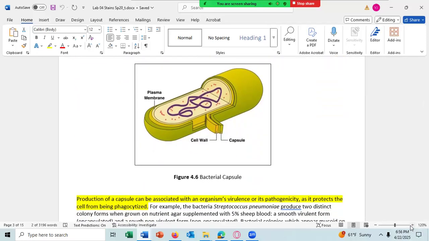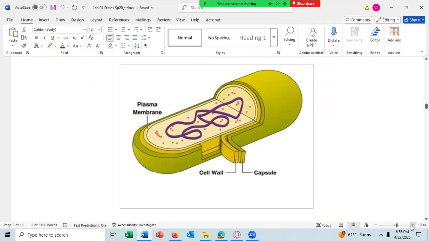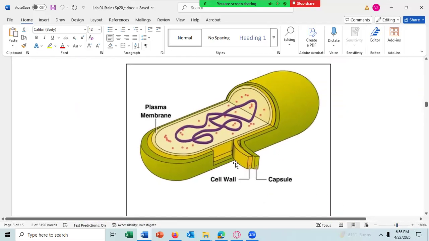Let me blow this up a little bit. So there's the cell membrane. There's the cell wall peeled away from the cell. So right there is the cell wall. And that greenish layer will be the capsule. The capsule is external to the cell, something secreted by the cell. It surrounds the cell.